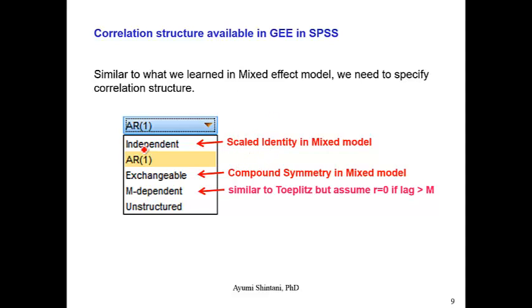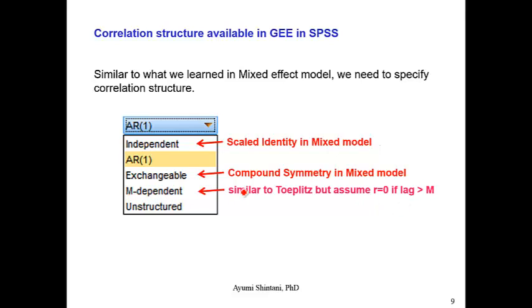Independent is the same as scaled identity in the mixed effect model, and this simply doesn't assume any correlation between repeated measures. AR1 is first order autoregressive, which is the same as in mixed effect model. Exchangeable means compound symmetry in the mixed effect model. And unstructured is the same as unstructured in a mixed effect model.